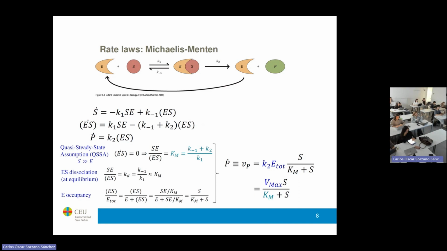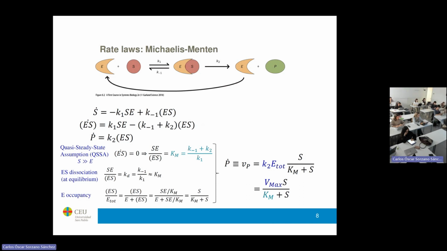There is another assumption, that this dissociation here is at equilibrium. So if it is at equilibrium, again, this change is zero. So these two terms are equal, and then you rearrange them again so that you can define this dissociation constant as the ratio of these two.